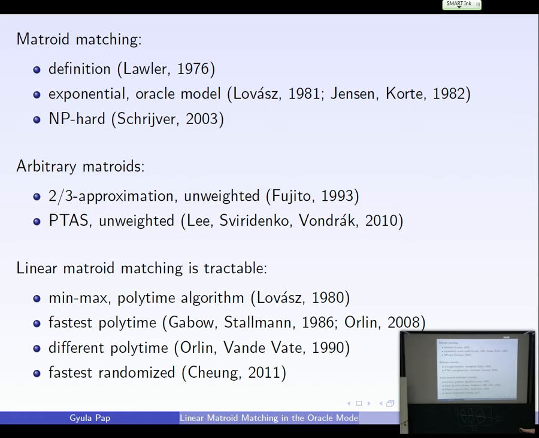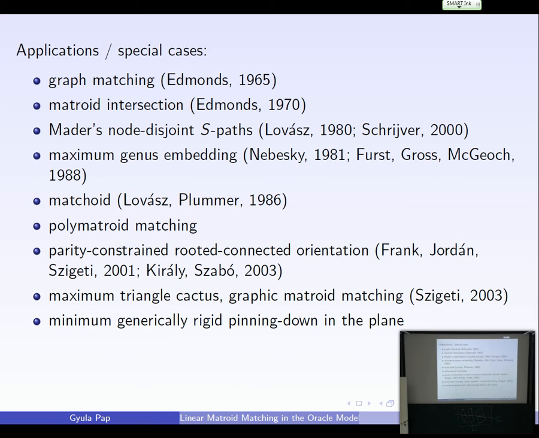And then there are Gabow and Stallmann, a completely different approach, and Orlin and Vande Vate, a third completely different approach. And there's Cheung, the last one that comes from a linear algebraic approach, and it is a randomized algorithm. It is faster than both these approaches. The fastest deterministic are Gabow-Stallmann and Orlin, but Cheung is faster by a factor of n.